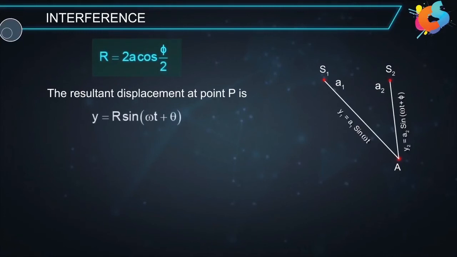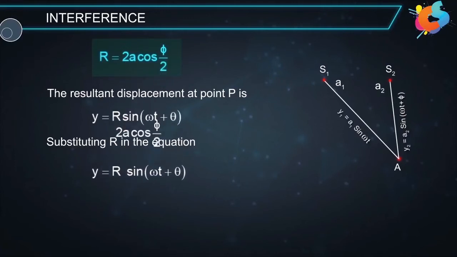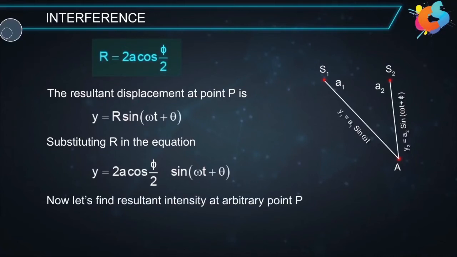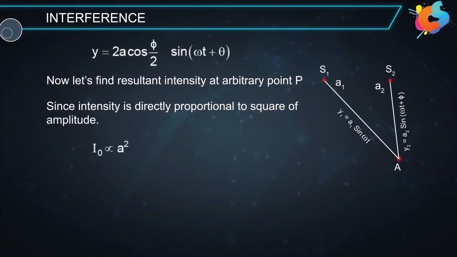The resultant displacement at point P is Y = R sin(omega t + theta). Substituting R in this equation, Y = 2A cos(phi by 2) sin(omega t + theta). And now let us find the resultant intensity at arbitrary point P.